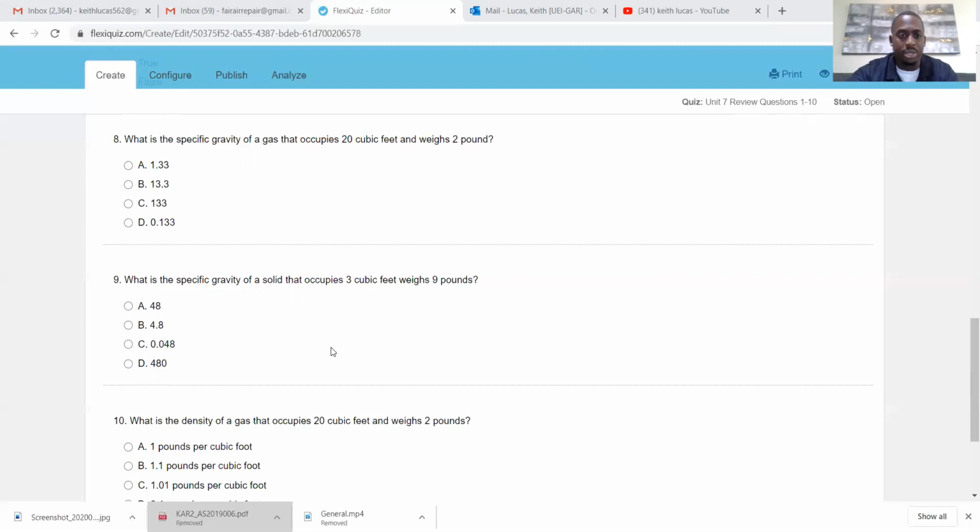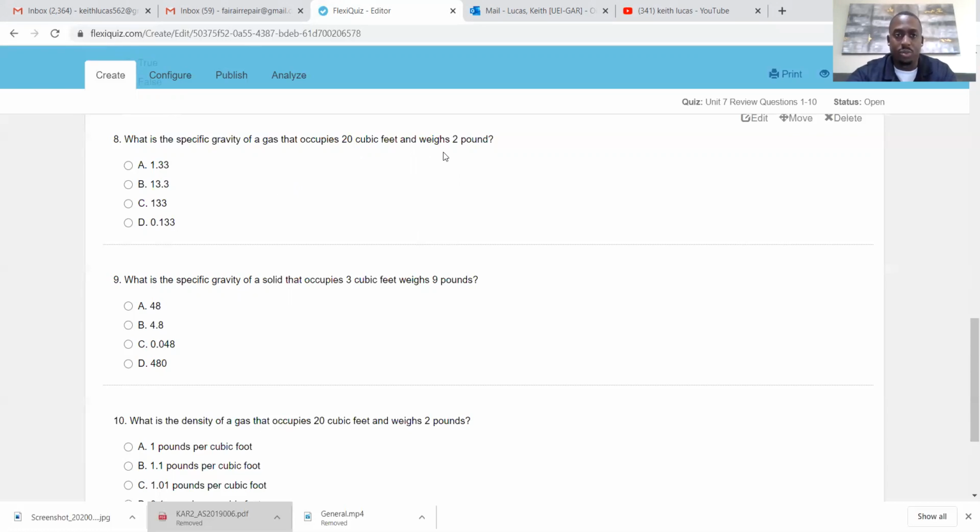So I forget, are we dealing with a gas right now? Yes, we're dealing with a gas. Number 8, the gas, and these are the properties of that gas: 20 cubic feet in volume, 2 pounds. So again, to find the specific gravity of this gas, that formula told us we need to find the density of the gas and divide that by the density of air.